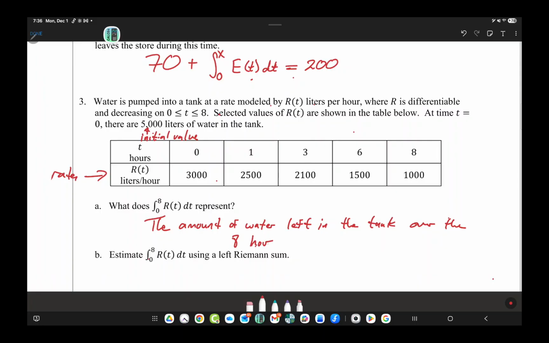Now, you can phrase that however you like. You can say from 0 to 8 hours, on the interval from 0 to 8. There's a lot of ways to write things in English.